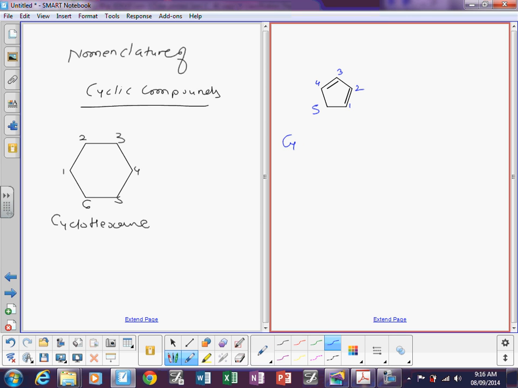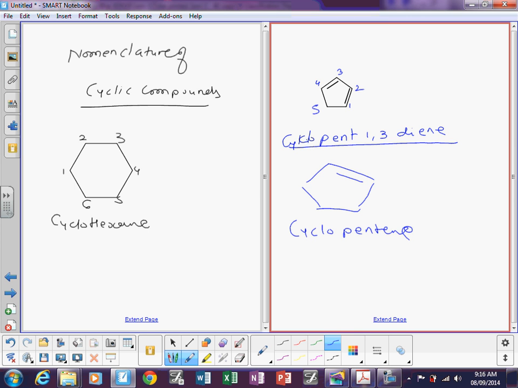So it's cyclopenta-1,3-diene. If it had been a single double bond, then it is cyclopentene, and we don't need to give any number. But if the compound contains more than one double bond, then we have to give the numbers, starting numbering from one double bond and getting the other double bond the lowest number. So this is very simple.